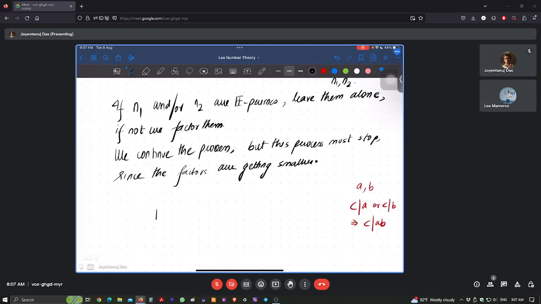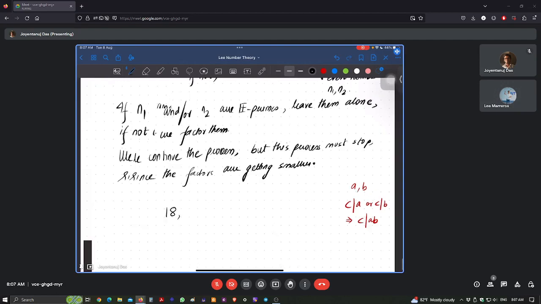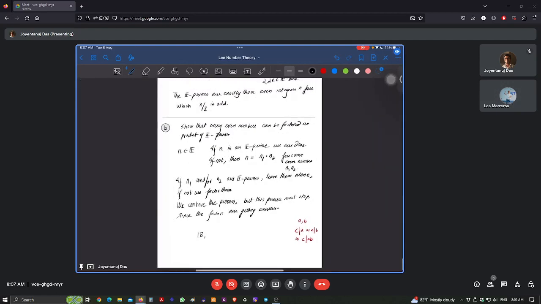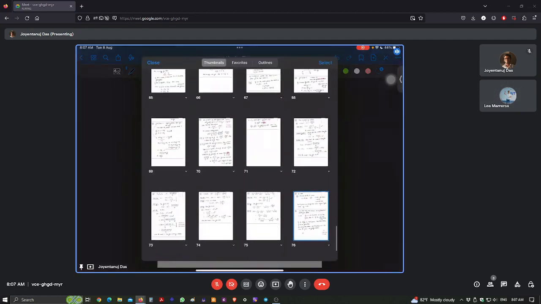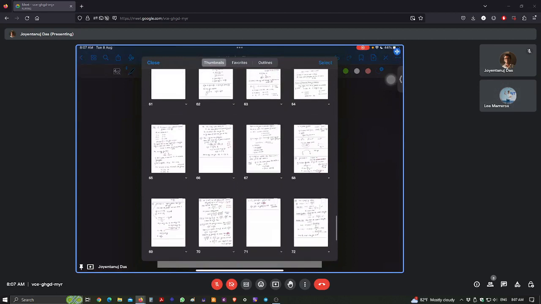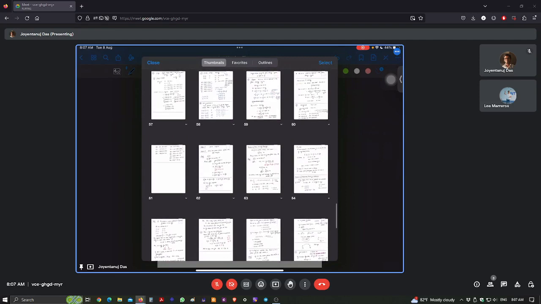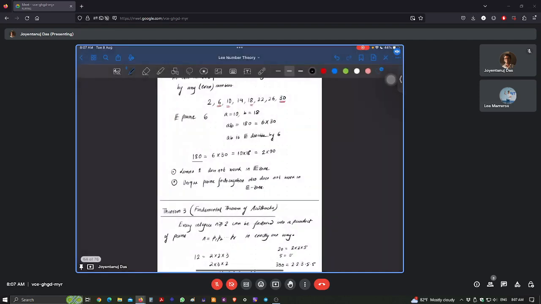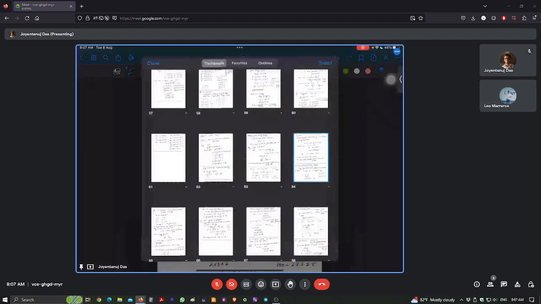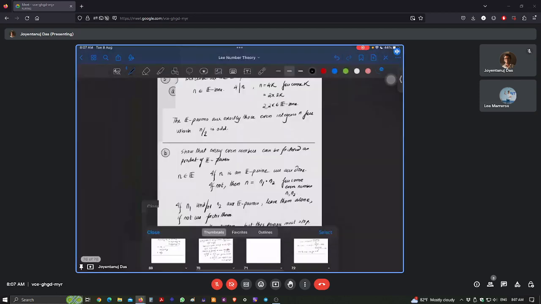We know that 18 is an E prime. Let us take some bigger numbers. Any number you remember from the list of E primes? The E prime list is, yes, this one: 18, 22, 26. Let us construct a number and see how it is working.